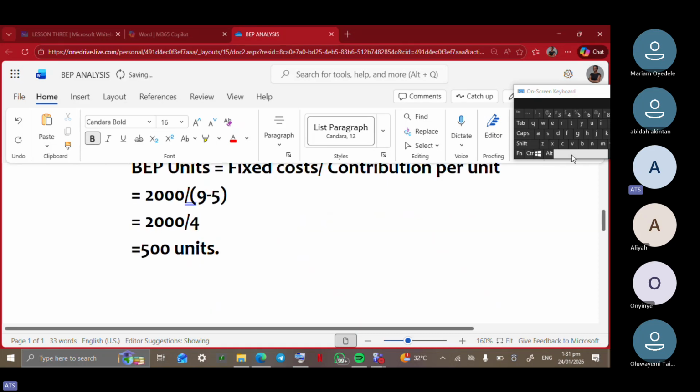Now they are telling us again that we should do a target profit of 20% operating margin on sales. We don't know how many rockets he aims to sell, but we know his selling price is 9 naira, and we want to find a profit.